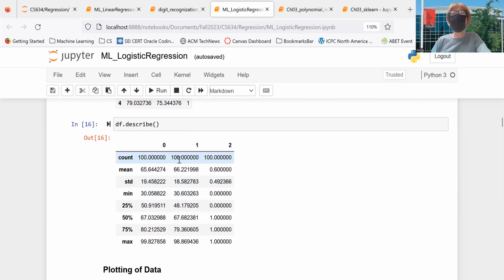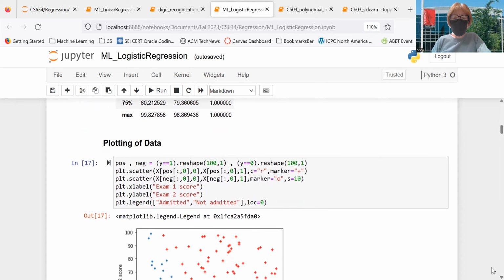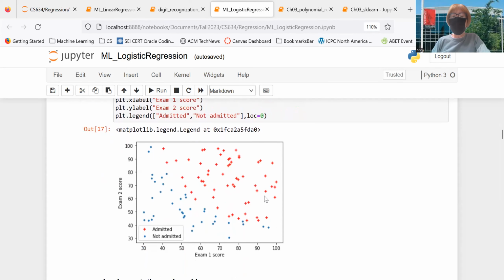We have 100 samples. Here we do a very general scatter plot, to see whether the student is admitted or not.